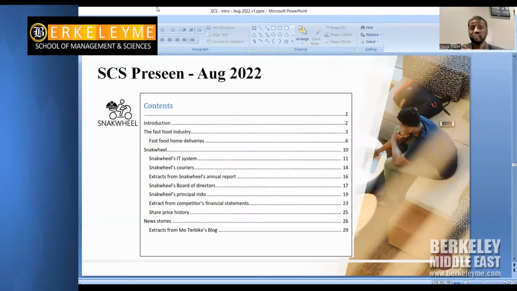This is for your financial analysis section. Then the board of directors is for risk management. They always give you a list of board members, and you have to see whether they are good or bad, what they do, and how they do it. Then we do the principal risk assessments. They tell you a few risks, and in the exam we have to tell them that these risks are not enough.